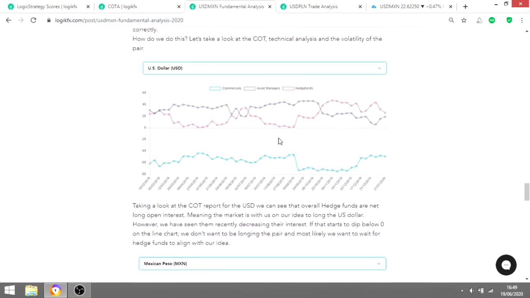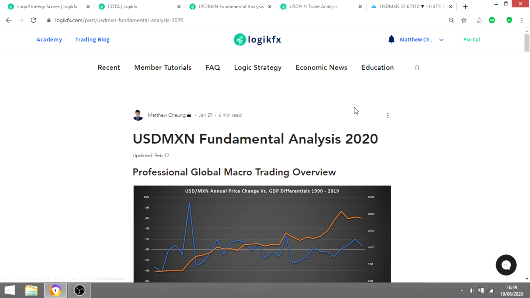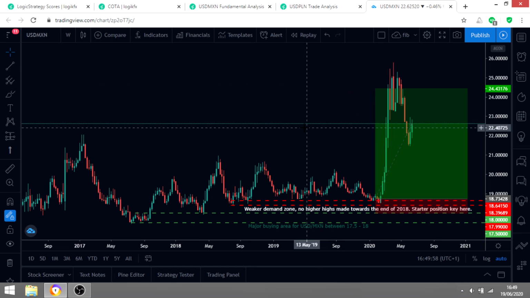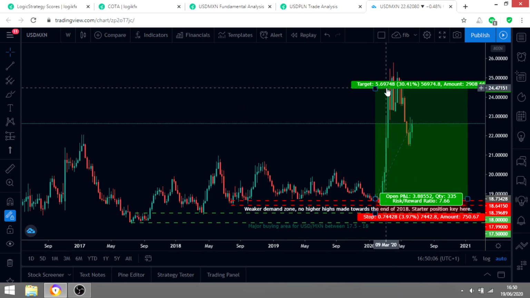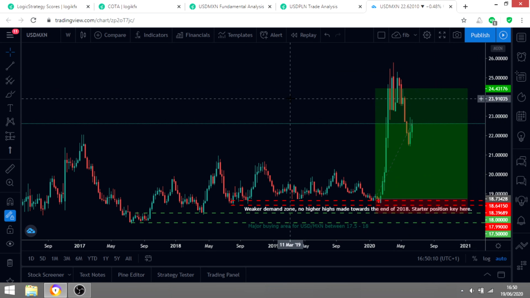And since the end of January and the start of February, what's happened to the USDMXN exchange rate? Well, interestingly enough, the analysis worked perfectly, and we ended up hitting our target of about 24.5 up here. Since it hit our target, the position has retraced. And why is that? Well, let's first look at what's actually happened.